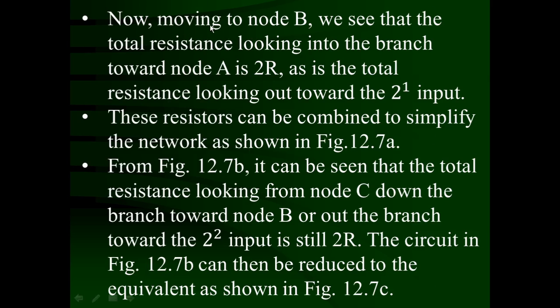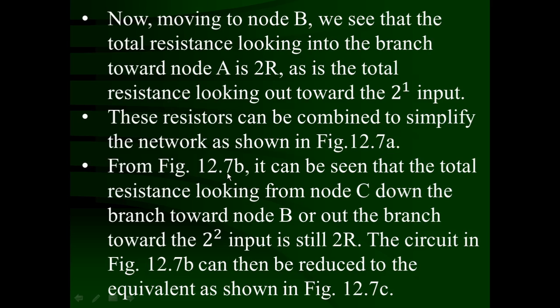Now moving to the node B, we see that the total resistance looking into the branch toward the node A is 2R, as is the total resistance looking out toward the 2 raised to 1 input. These resistors can be combined to simplify the network as shown in figure 12.7a.